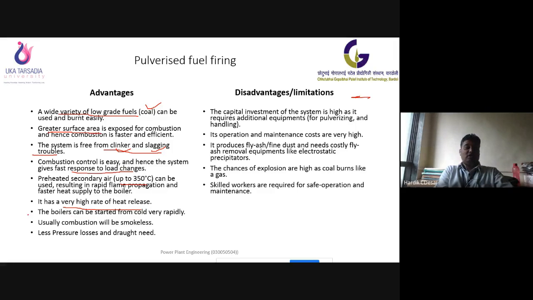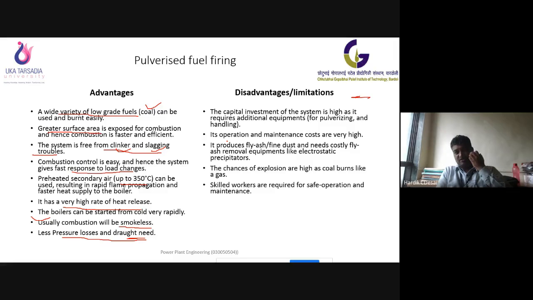Usually in pulverized fuel firing the combustion is complete, so smokeless combustion is there. Since the pressure losses are less, the draft requirement will be lesser in this system.